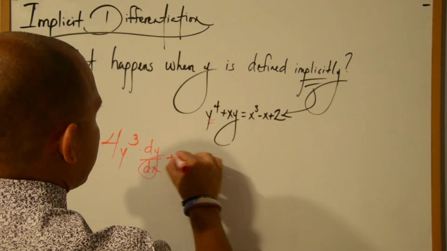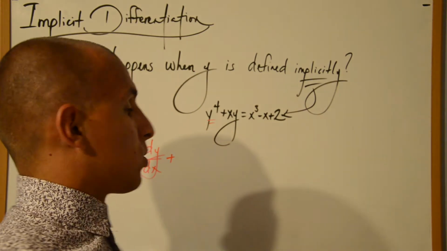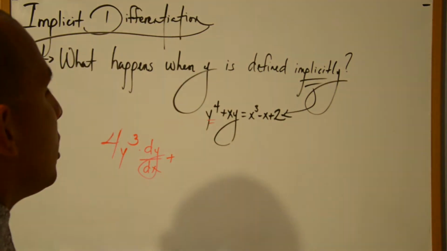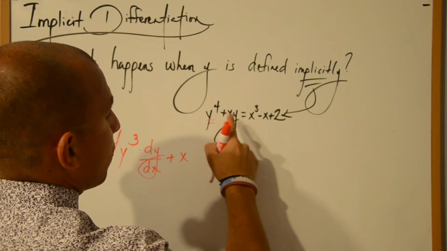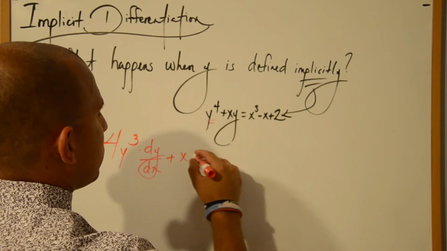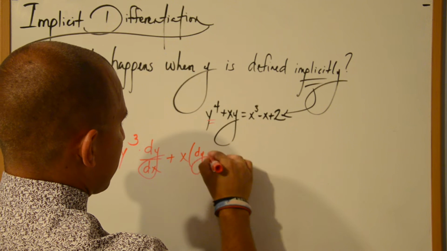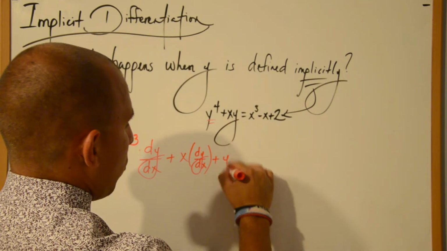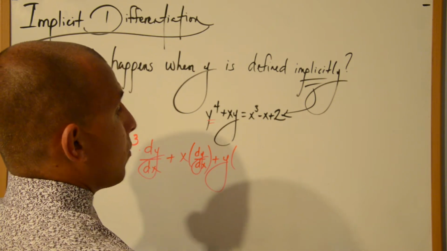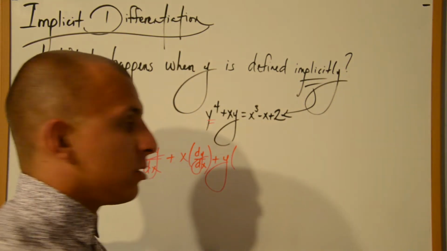Now, plus xy. X times y is a product rule situation. I take the first function and multiply by the derivative of the second, the derivative of y, which is 1 dy dx, plus the second function, y, times the derivative of x, which is 1.